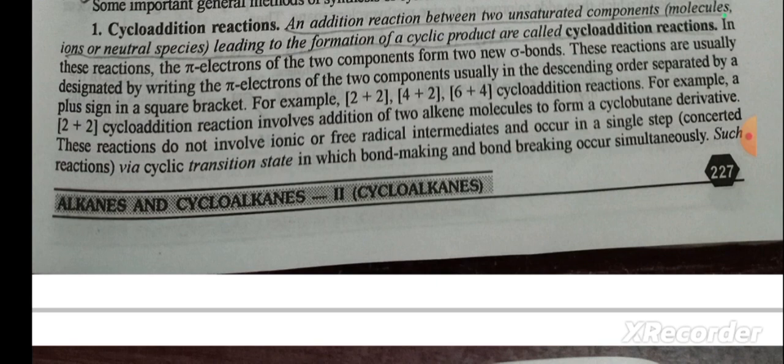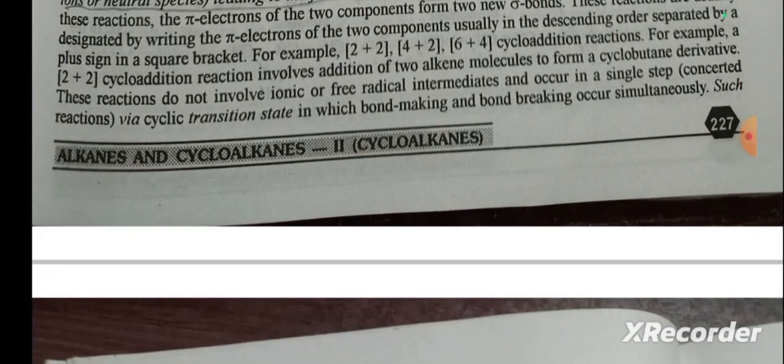For example, [2+2], [4+2], [6+4] cycloaddition reactions. A [2+2] cycloaddition reaction involves the addition of two alkene molecules to form a cyclobutane derivative.